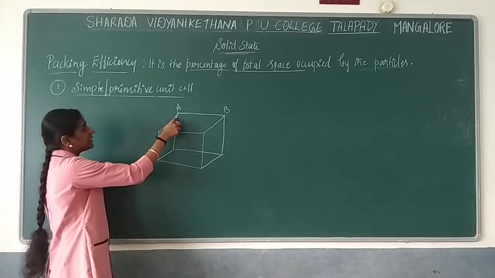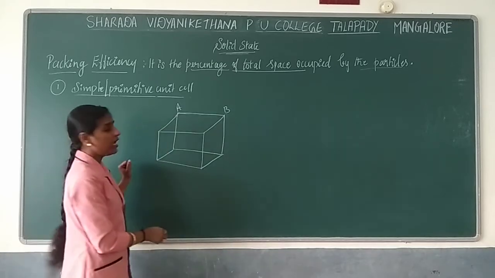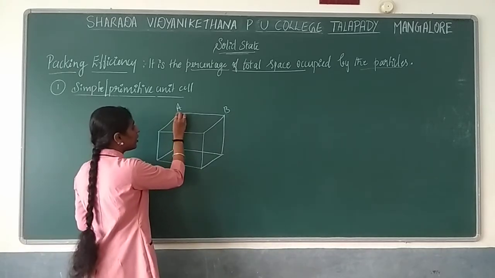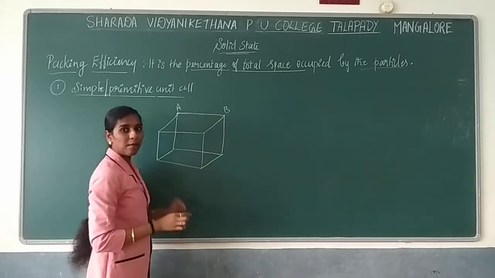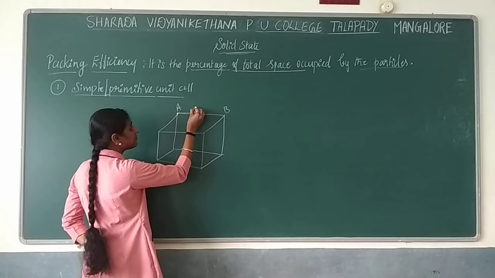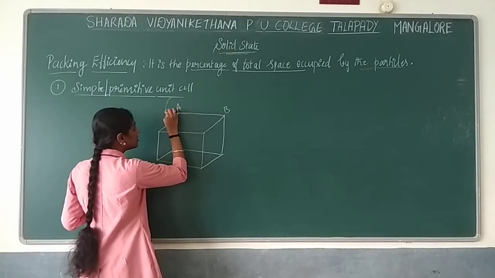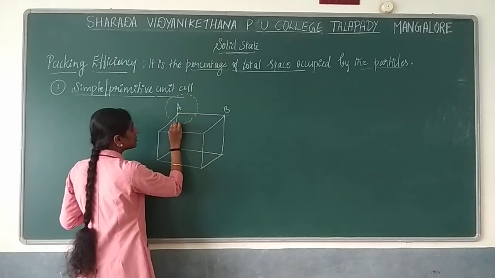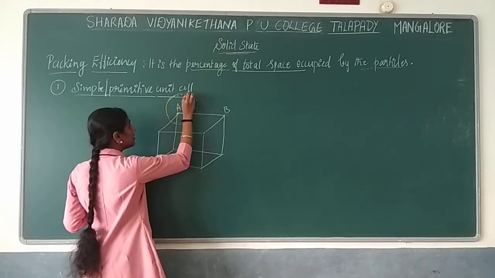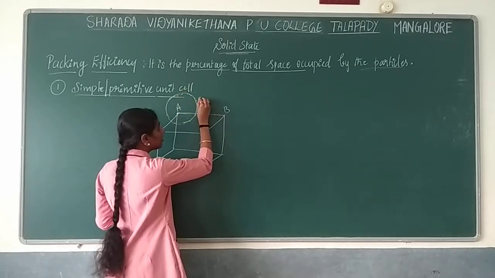So I'll just consider 2 corners to derive the concept. Now I'll denote this corner as A as well as another corner as B. Here the particles will be present only at the corners, right? So I'll just draw the atom or the particle which is present in the corner. I'll just consider 2 corners now.